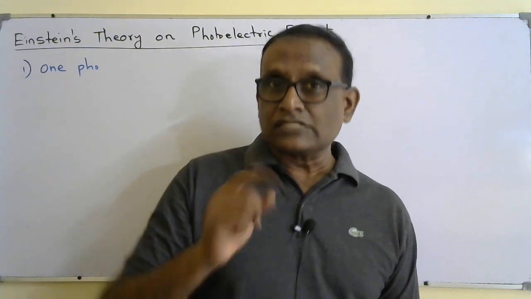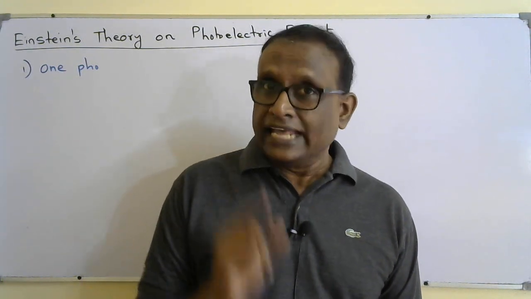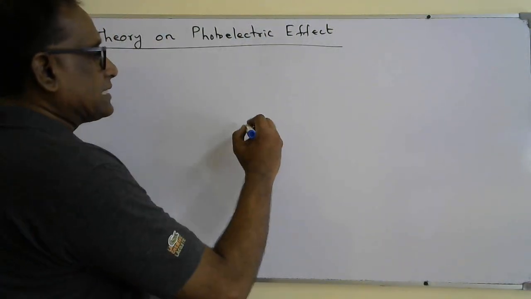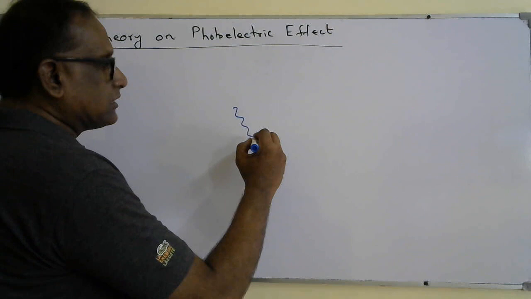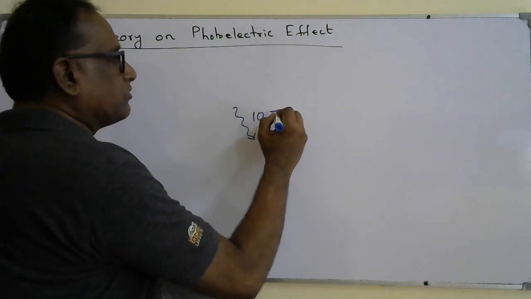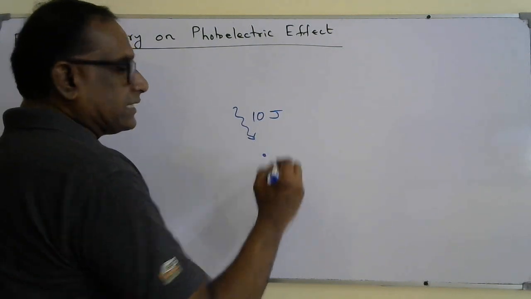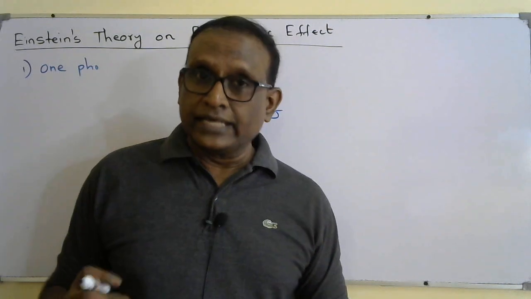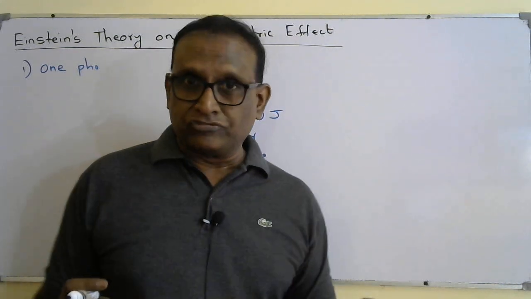Also, when it interacts with the electron, the photon never shares its energy. For example, a photon is carrying 10 joules of energy. To remove an electron from the atomic bond, you know, the nucleus keeps the electron together due to the electrostatic attractive force.